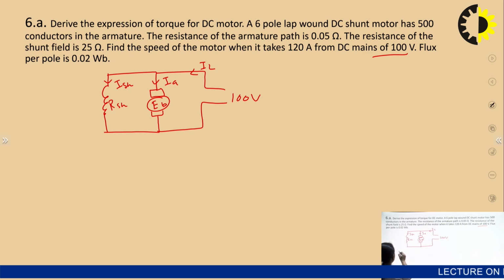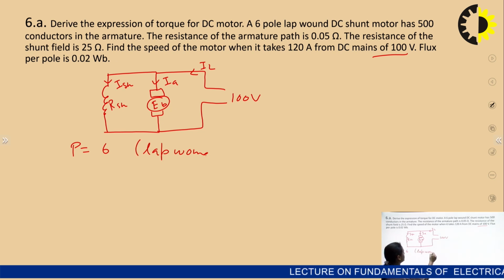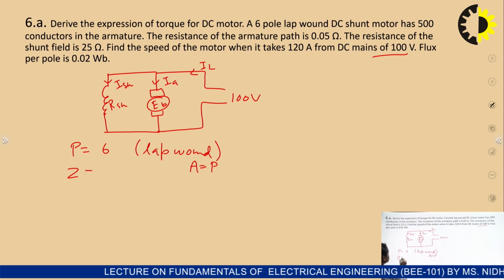This is a 6-pole, number of poles is given 6, and this is lap wound. So in lap wound we know that number of parallel paths is equal to number of poles, and the motor has 500 conductors. It means Z is equal to 500.